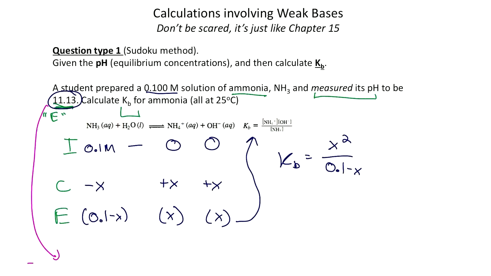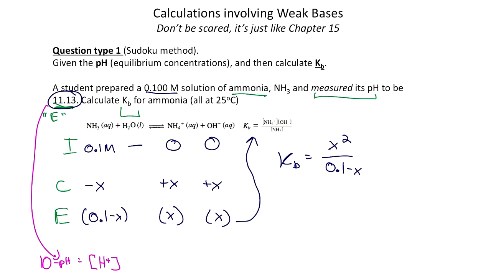So I give you the pH. If I do 10 to the negative pH, what concentration am I calculating? H plus concentration. Do I want that? Does that give me any hint to the equilibrium line? No, because X is equal to what?